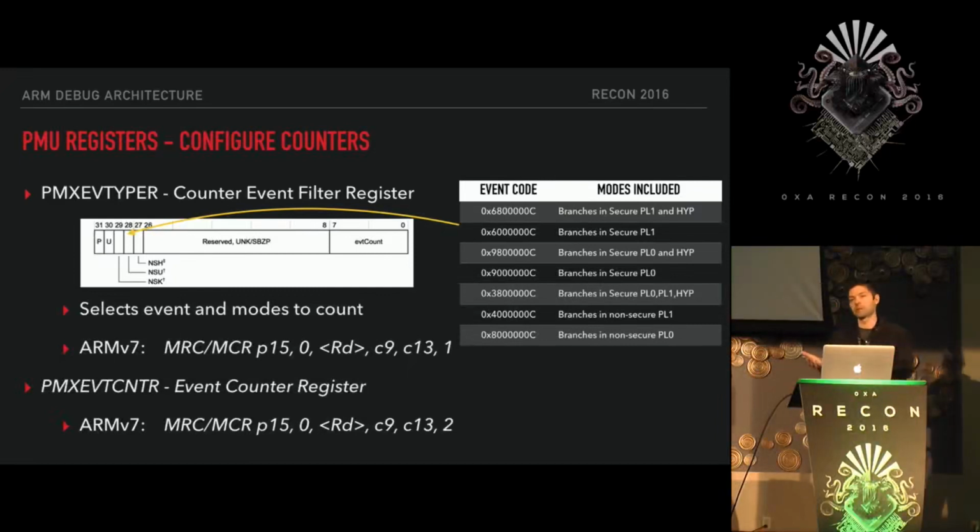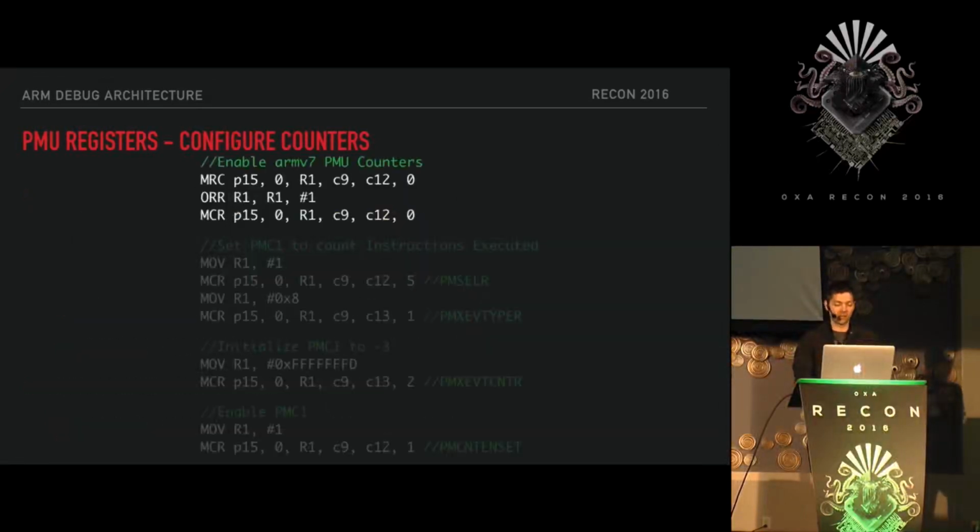We can do those all by default because they're all in normal world. It gets a little trickier with the secure world because we need a secure non-invasive debug signal to be asserted. And there are COTS devices with that enabled, but finally, the event counter register I mentioned is the actual count, and you can read and write that.